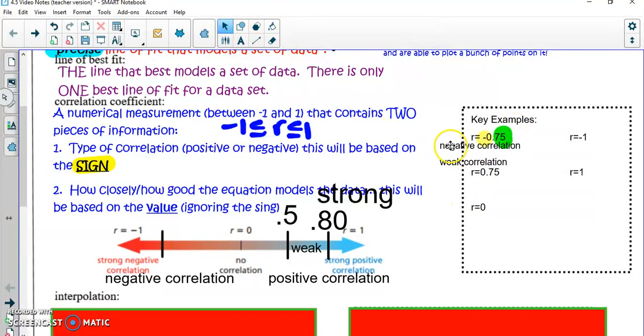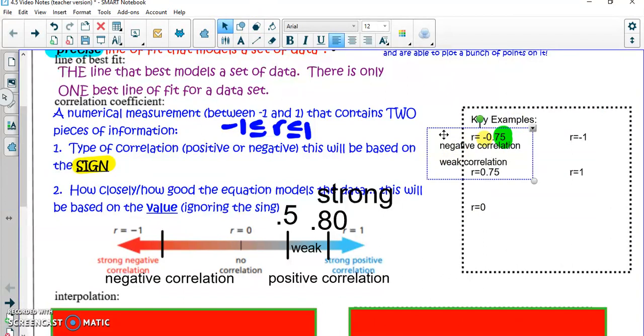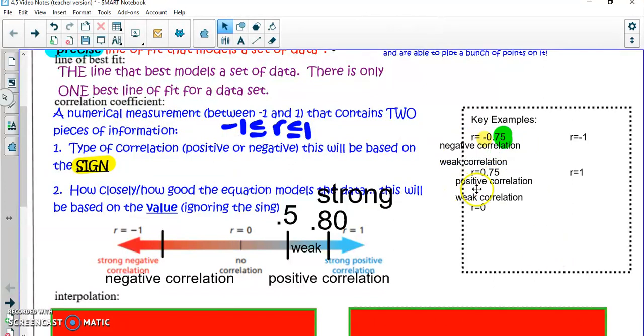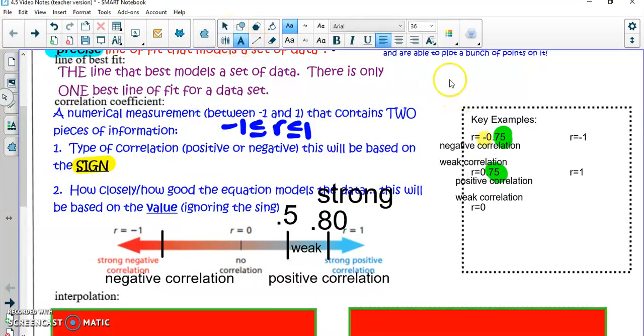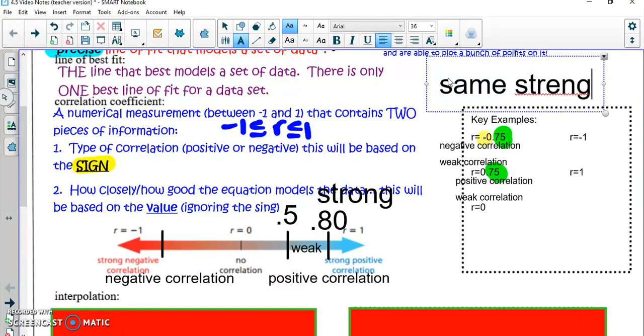The first thing we would see is that since the number is positive, we'd have a positive correlation. But again, all we care about is the value of the number. I don't really care about the sign in front of it. So negative 0.75 and 0.75 would actually have the same strength of correlation, I guess I would call it.